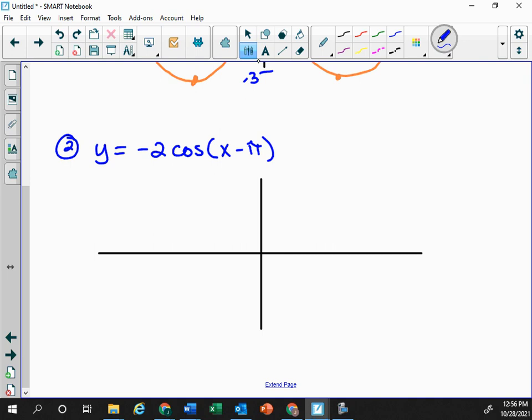So I'm going to go ahead and do some tick marks. I am going to put up to 2 and -2 on the y-axis because I see that -2 out in front. But the x-axis will stay pi over 2, pi, 3 pi over 2, and 2 pi.